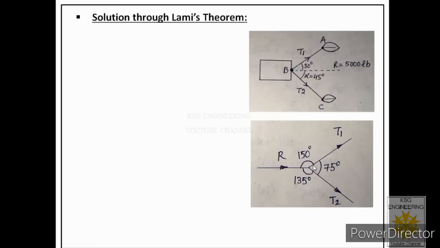So see, T1 and T2 are represented as it is, but this resultant is taken on this side of this intersection to show it like Lami's theorem. This is the application of Lami's theorem now.